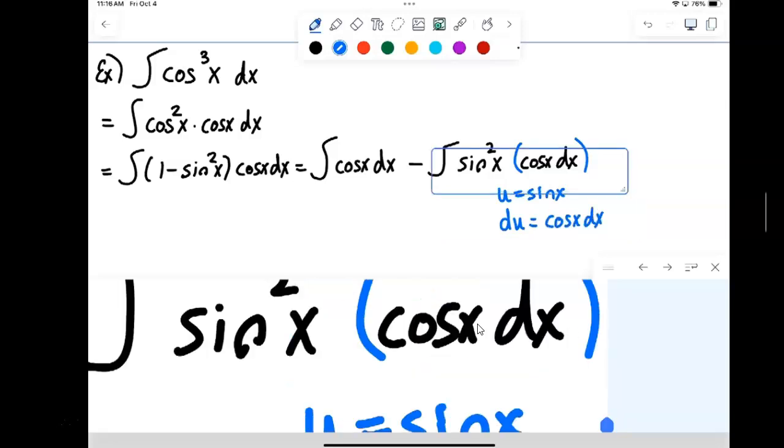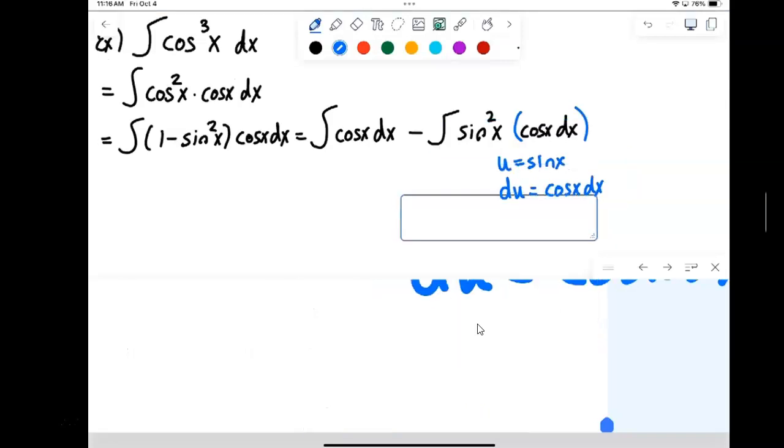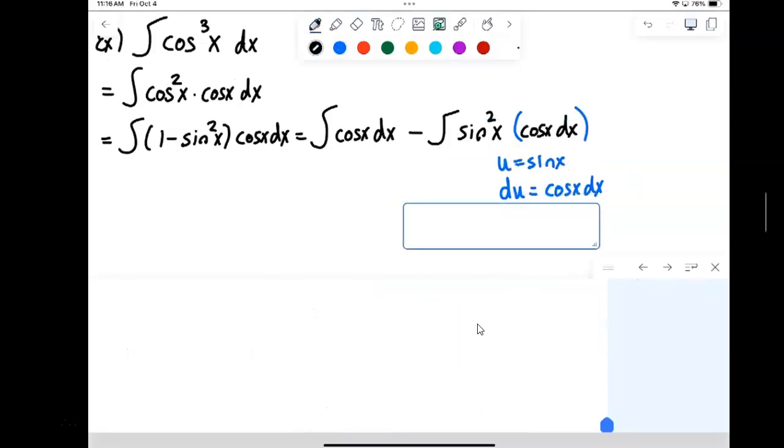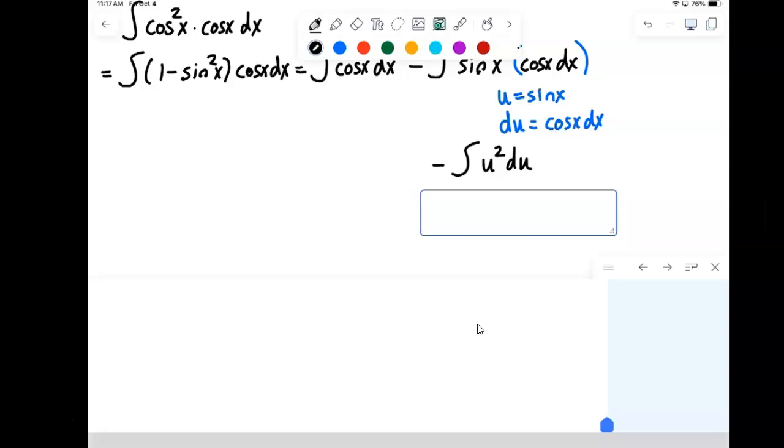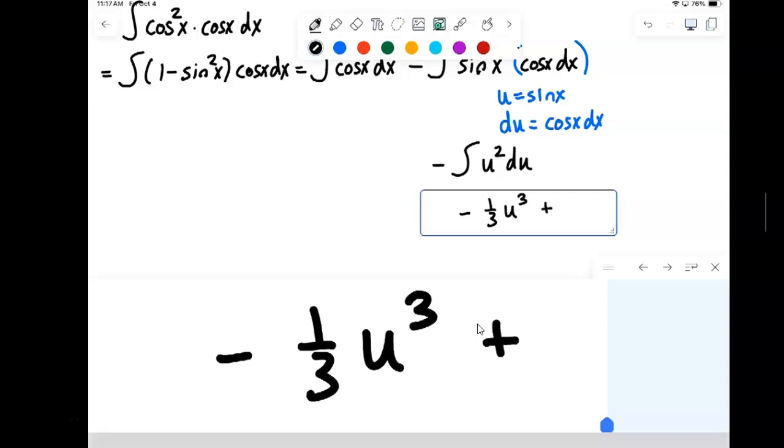We have everything we need. So that's going to make this piece of the integral minus the integral of u squared du. Well, since it's u squared now, we just use our power rule. Add 1 to the exponent, divide by it. Minus 1/3 u cubed plus a constant.